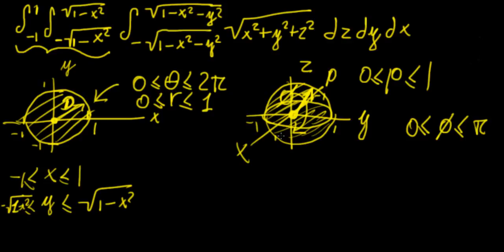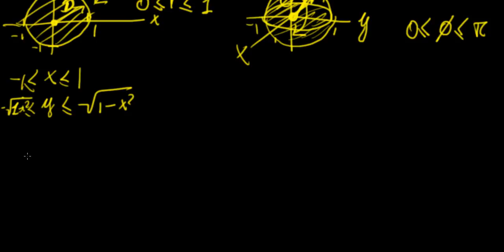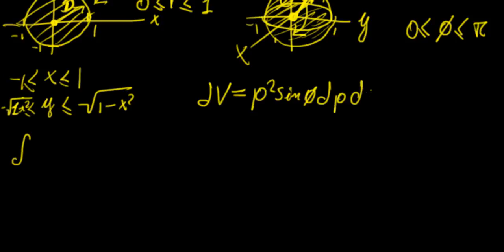Okay, so now that we have all those things, we can actually write this integral in terms of spherical coordinates. So let's do just that. We're going to remember that the volume element is going to be rho squared sine phi, then d rho, d phi, d theta. We're going to put the theta limits on the outside, so 0 to 2 pi. Then phi, so that's 0 to pi.